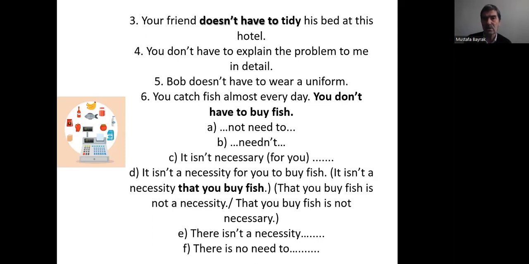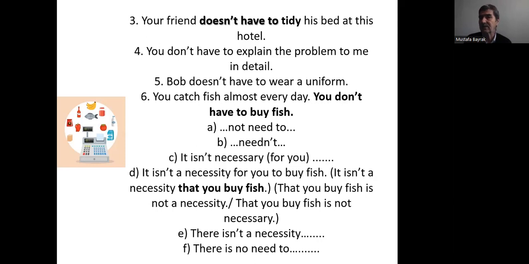We can also do it like this. Okay, for example, let's take a look at this one as an object first, then subject. It isn't a necessity that you buy fish, or that you buy fish is not a necessity. Why? Because you catch fish almost every day.